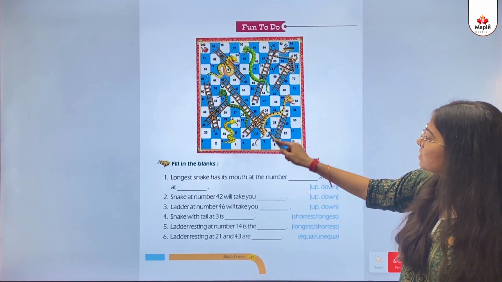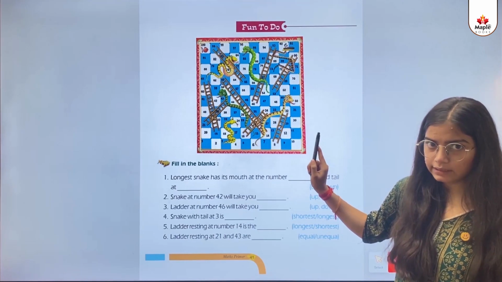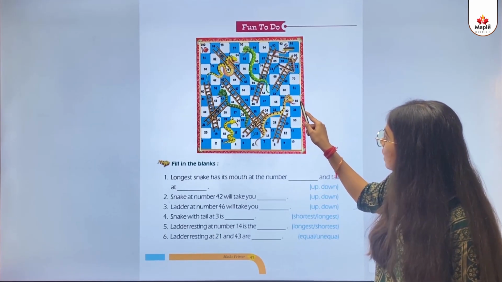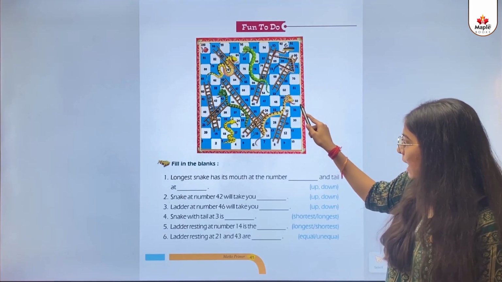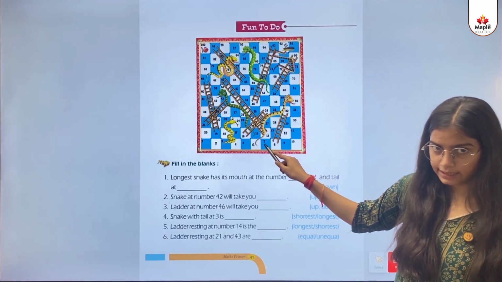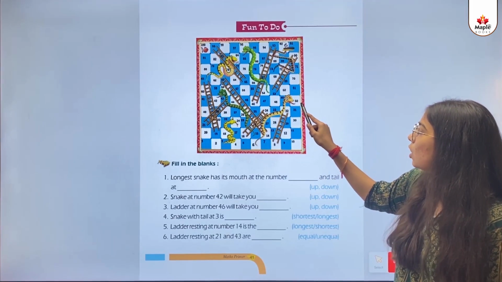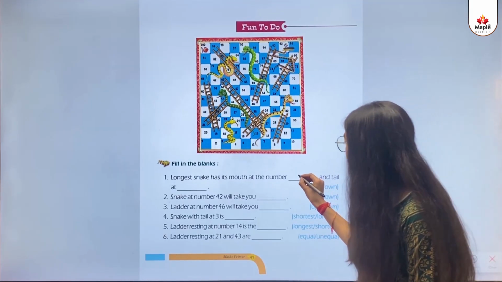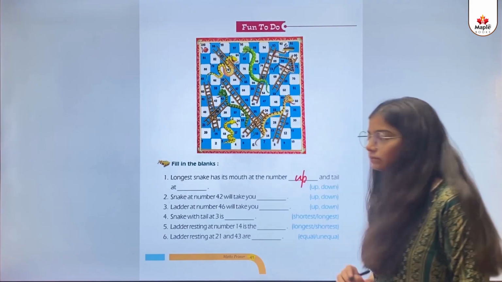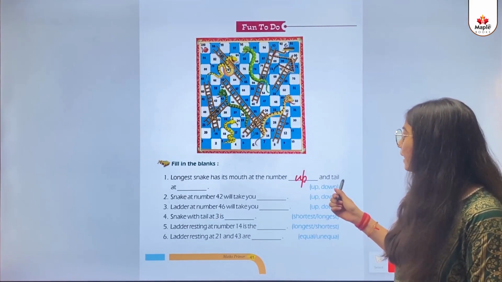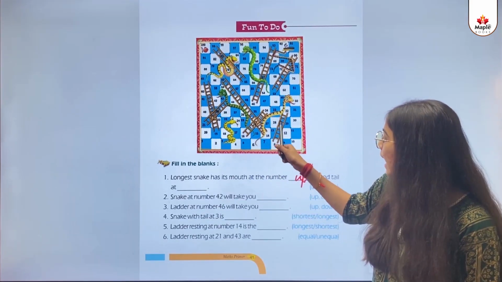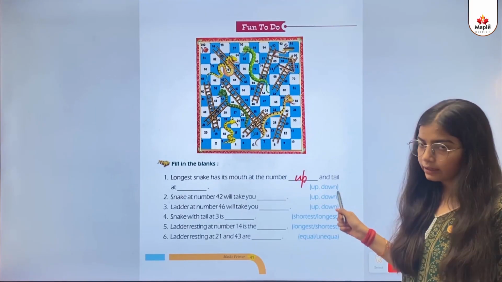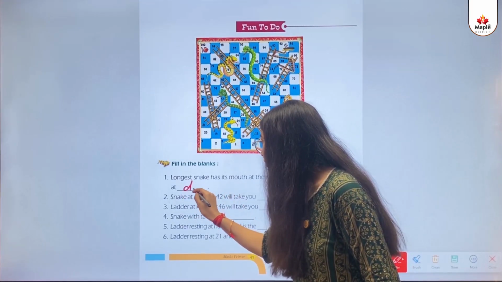So as you can see, its mouth is on the number 50, and its tail is on the 6. So its mouth is on the 50 number, that is upward. So what do we fill here? Up. Clear? And tail at 6. So what do we fill here? Down.